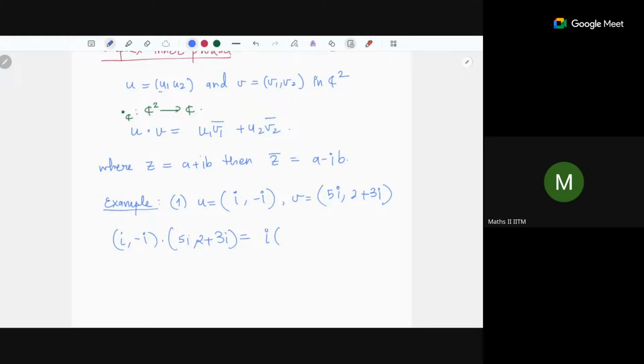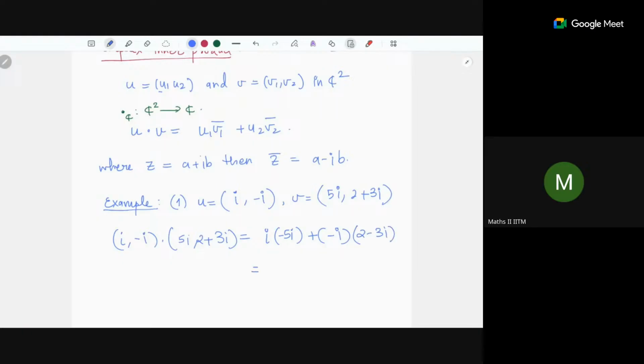So what is v1? v1 is 5i, and what is v1 bar? It is -5i. Plus u2, which is -i, times v2 bar. So v2 bar is 2 - 3i.